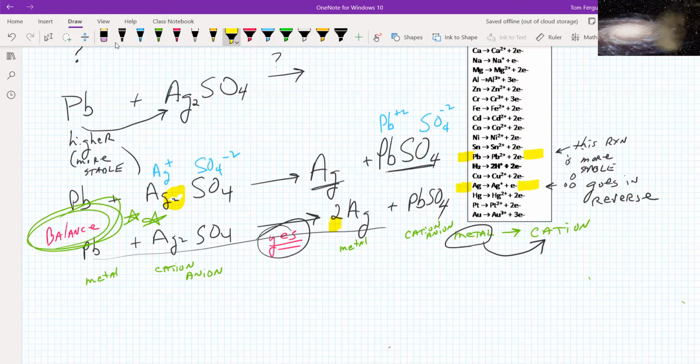All chemical equations, no exceptions, have to be balanced. And 99.9% of the time, I will not give you a balanced equation. So any equation from me, assume is unbalanced. Okay, so that's a typical single replacement.